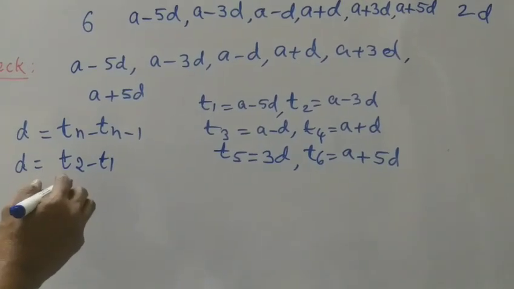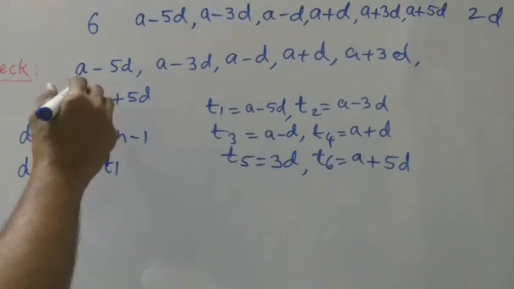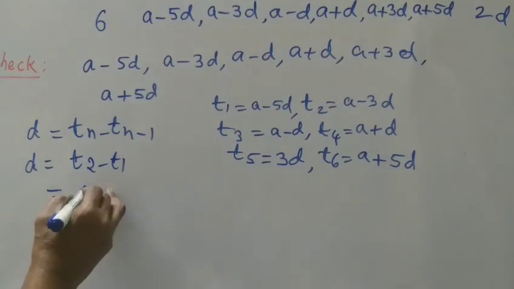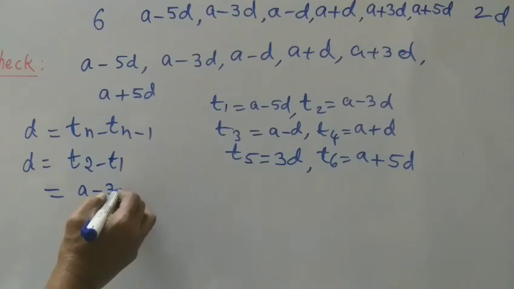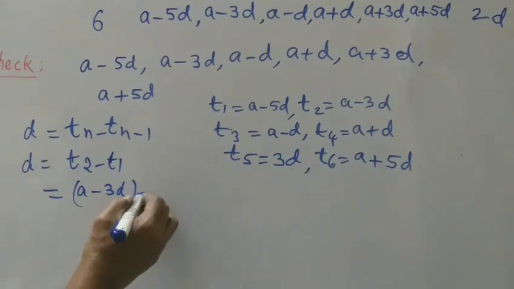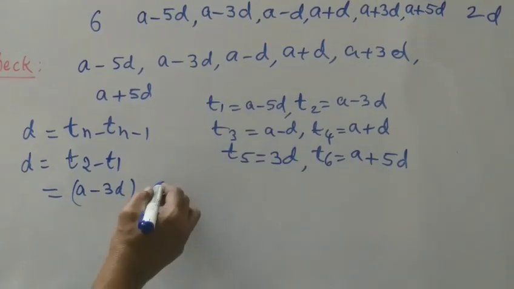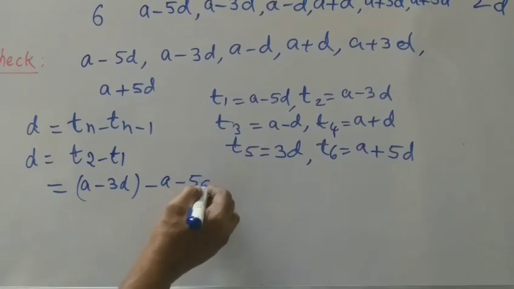So the second term in this, second term is how much? Second term is A minus 3d, minus the first term, which is A minus 5d.